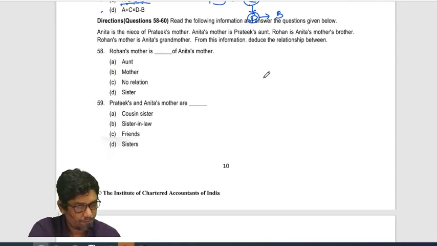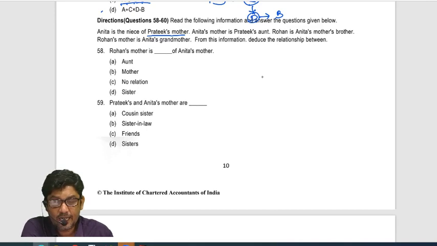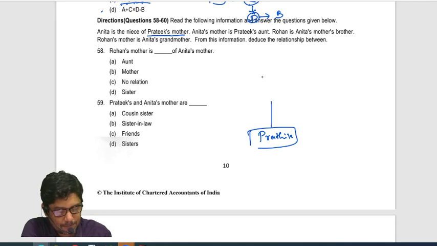Now, look at the next question. Anita is the niece of Pratik's mother. So there is a person called Pratik, and he has got a mother. Anita is niece of Pratik's mother.